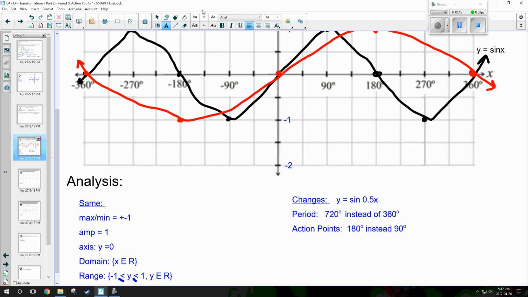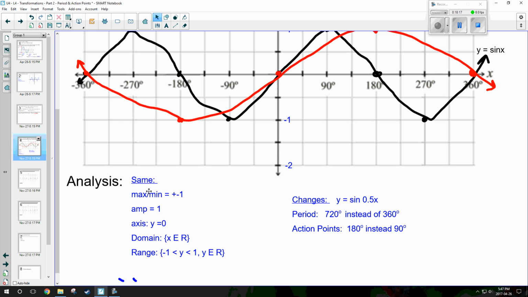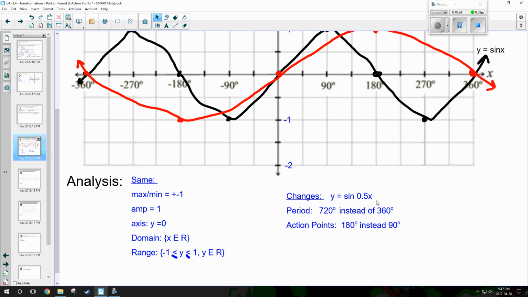And that's our analysis for our first graph here. Is that the only things that have changed by changing this k value in this first example is by changing our period and changing our action points.